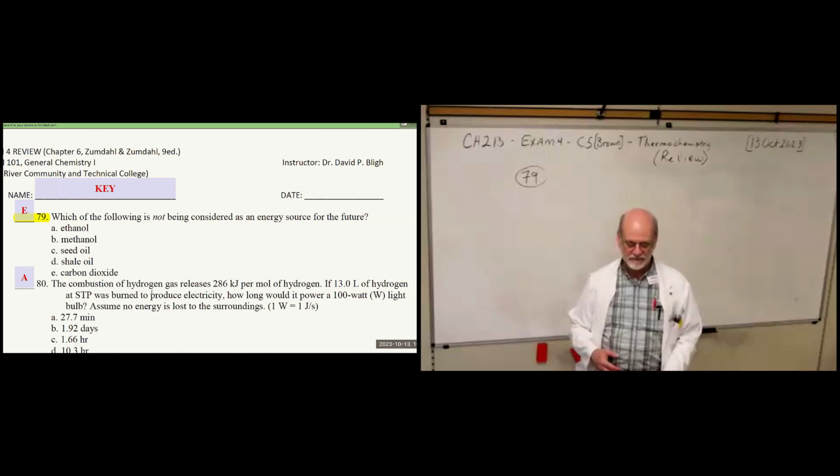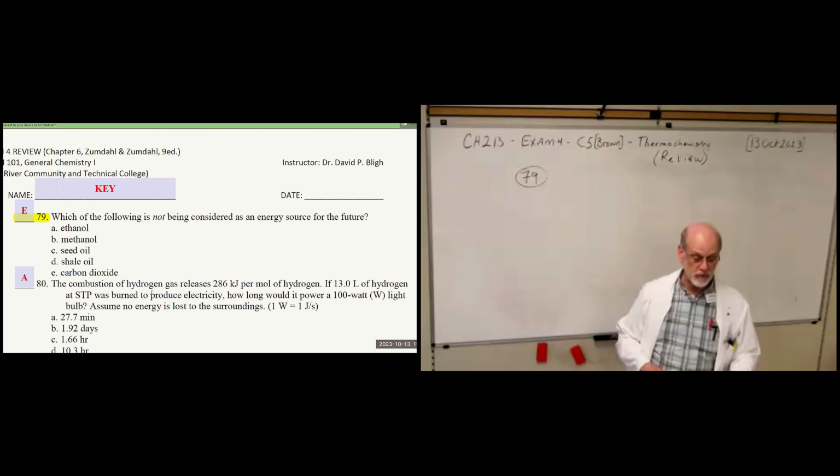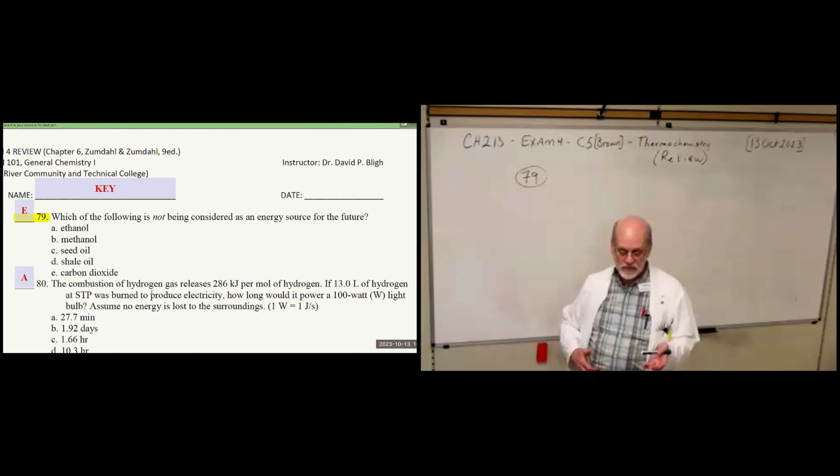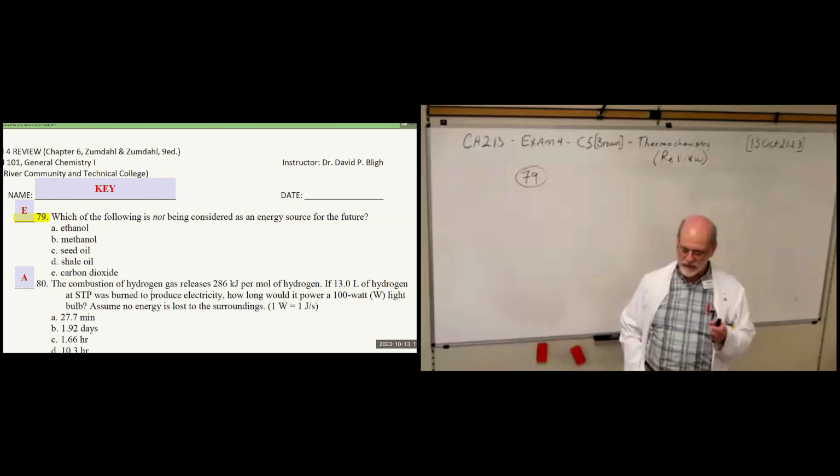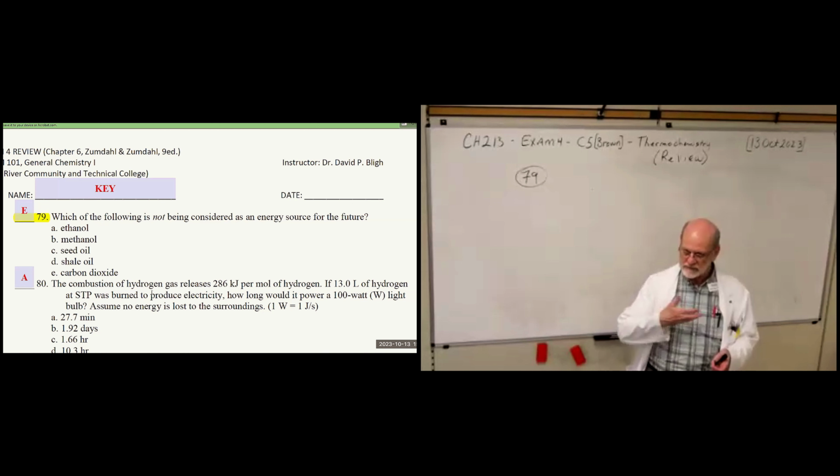That's called fracking. They do that for gas too. So shale oil is difficult to get at without fracking because the shale is so dense. It doesn't let the oil move.